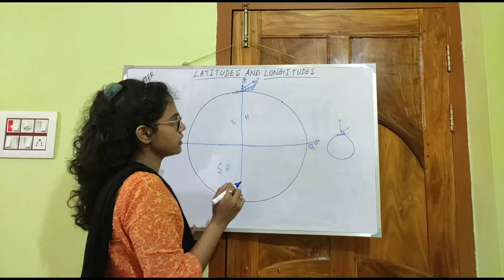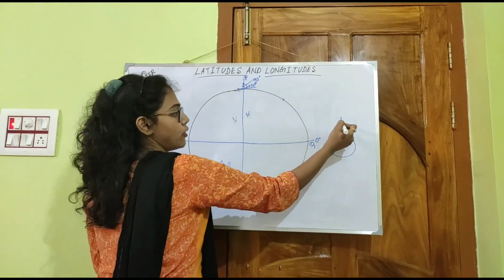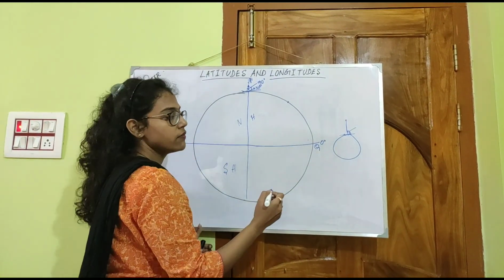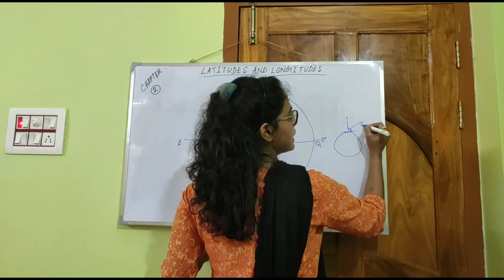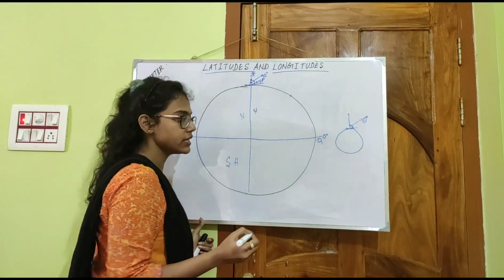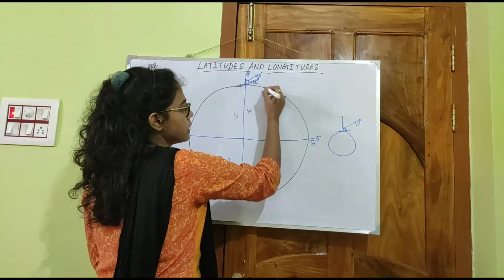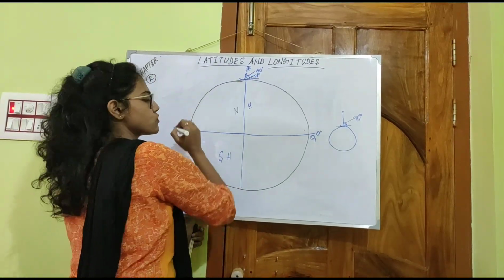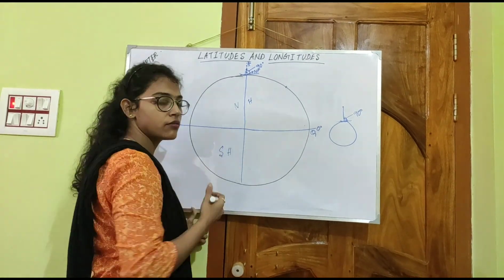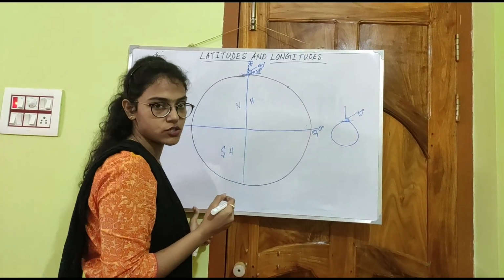From the north pole to the pole star, we can easily understand it is 90 degrees, because we are standing at 90 degrees. But from other places, we cannot tell what the latitude will be.